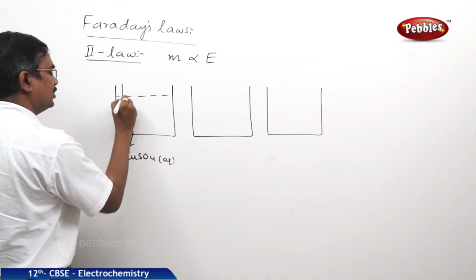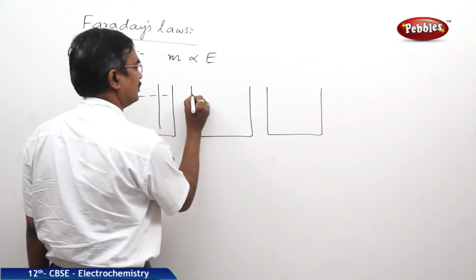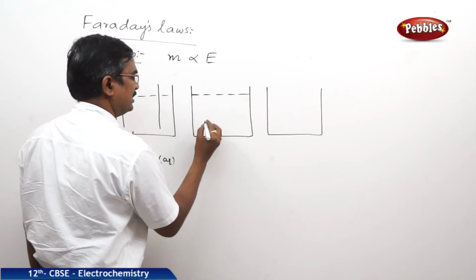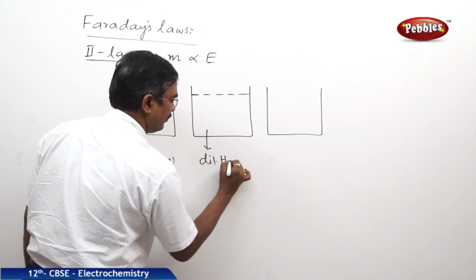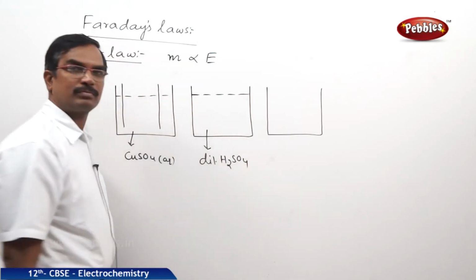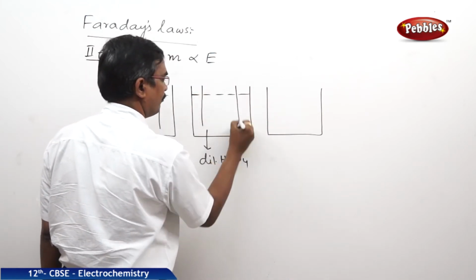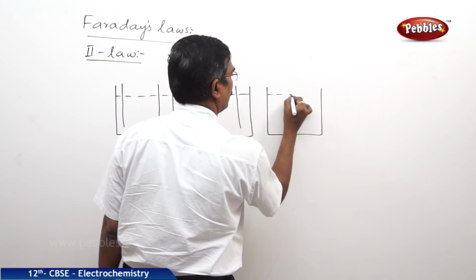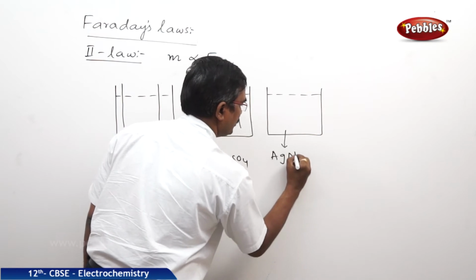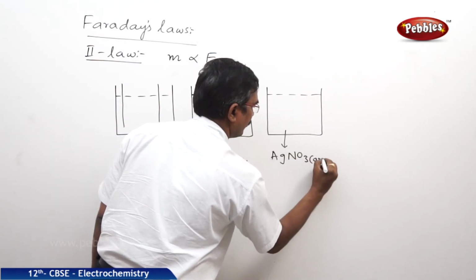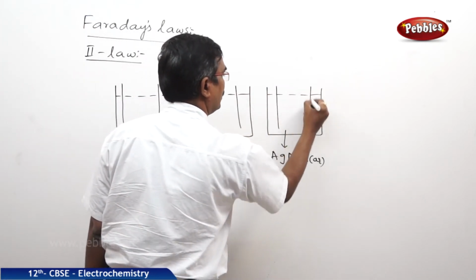So assume two electrodes here, anode and cathode here, and take another solution which is having the dilute sulfuric acid H2SO4, and take another solution which is having aqueous solution of silver nitrate AgNO3, silver nitrate. Now here also we have the electrodes, anode as well as the cathode.